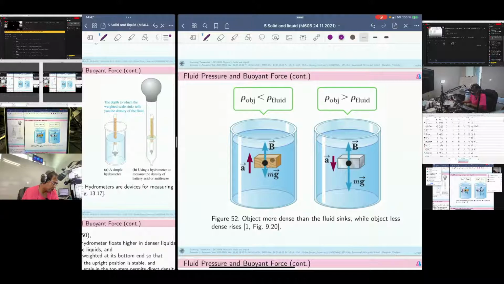And the buoyant force can be computed from the displaced fluid weight. What is that displaced fluid weight? The lifting force, or the buoyant force, is simply the weight of the displaced fluid.